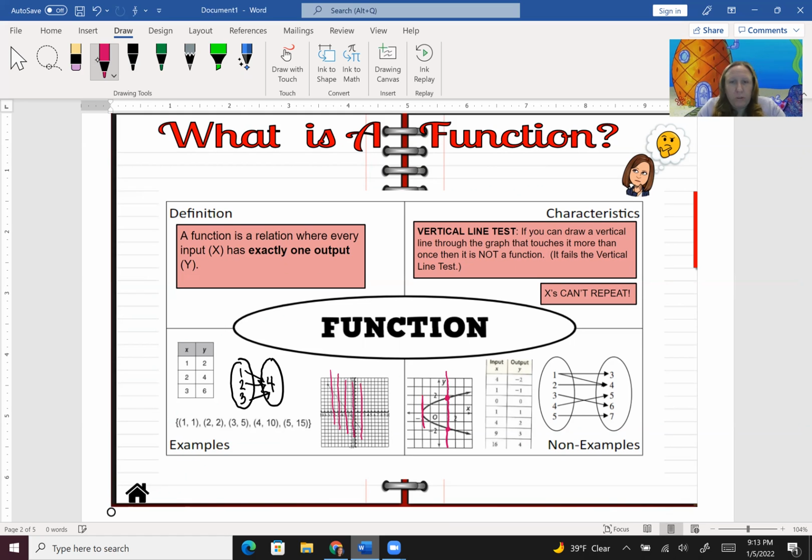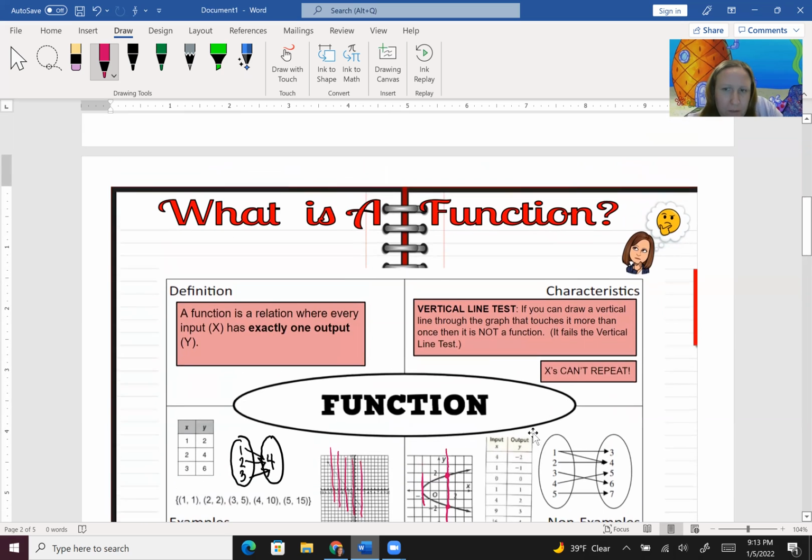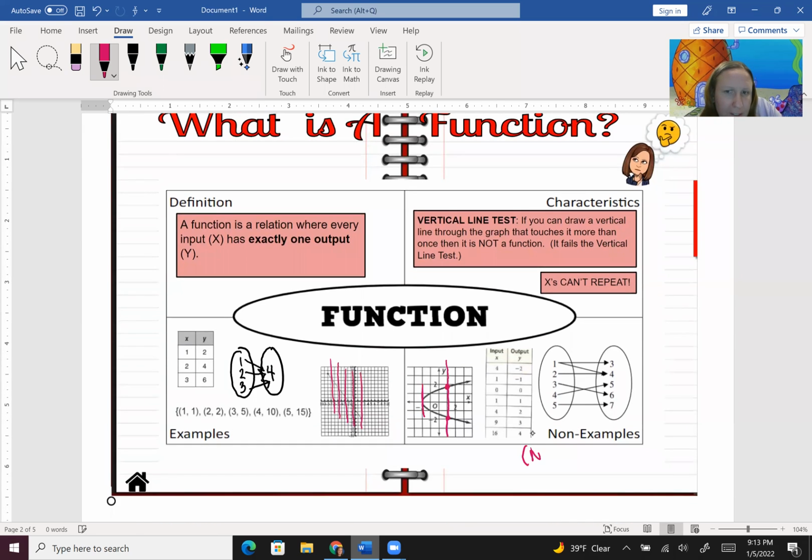But even if it only happens once, I hit the graph once, twice, this fails the vertical line test. I can see that this input of 1 would have two different outputs. This fails the vertical line test. This one is not a function, hence why it's in our non-example section. Non-examples mean not a function.